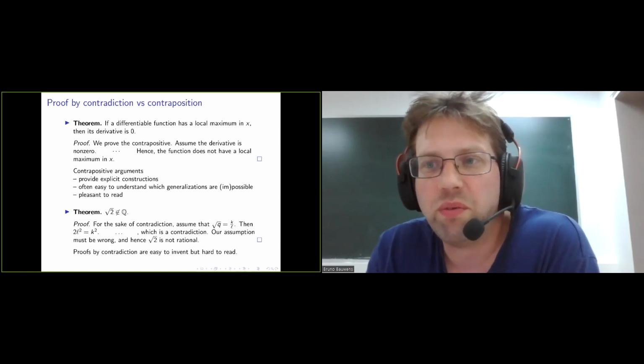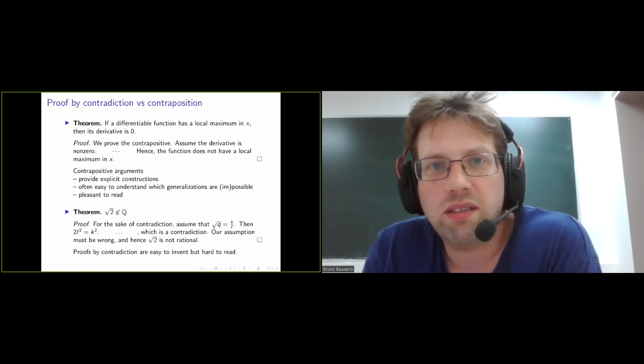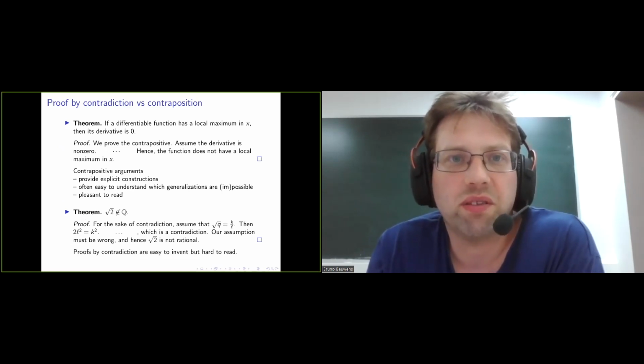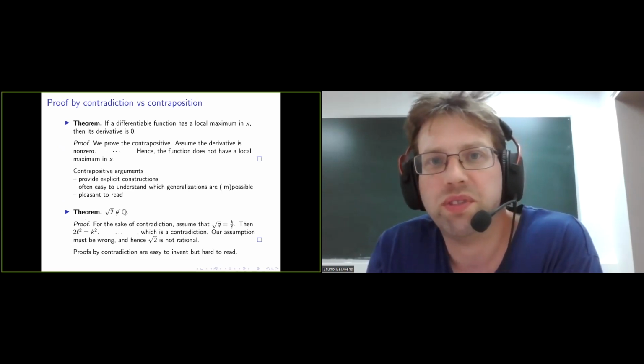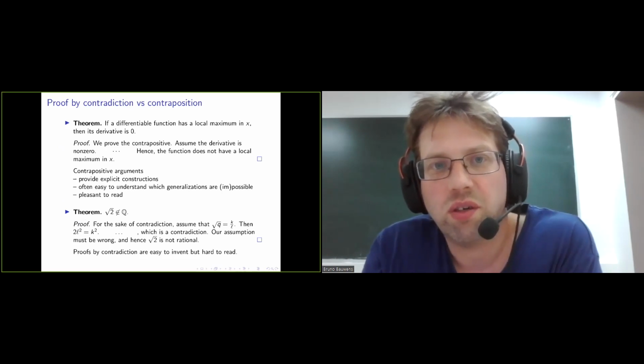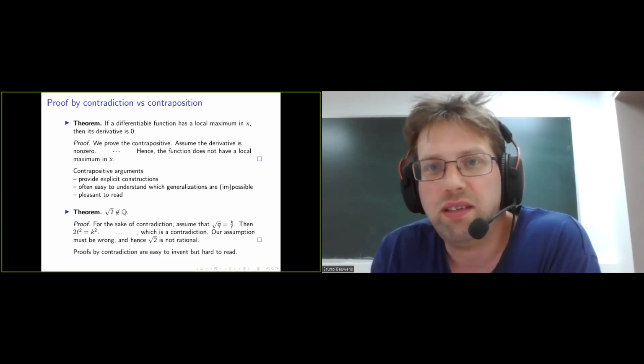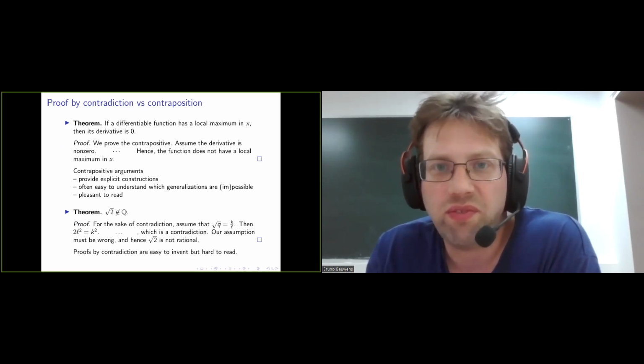So beginner writers, they sometimes confuse proof by contradiction and proof by contraposition. So if you want to prove a theorem that's an implication, then you can negate both sides of the implication and flip the directions.